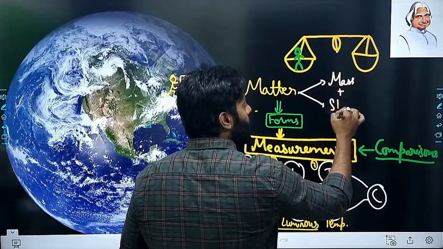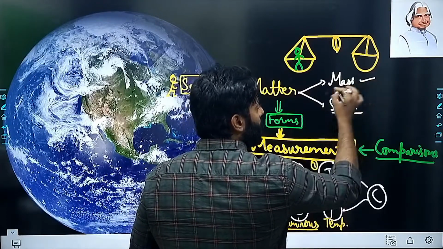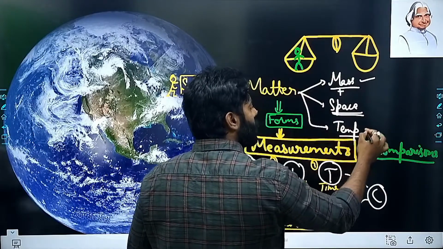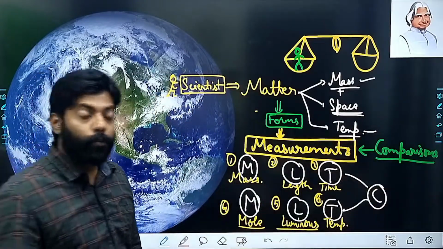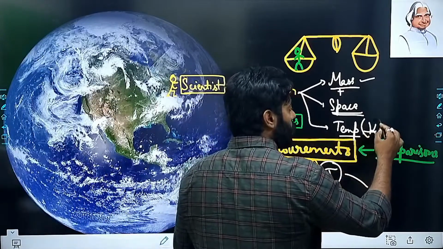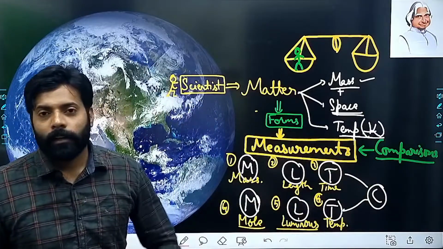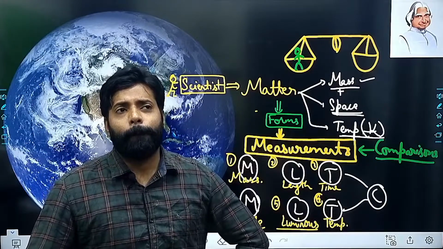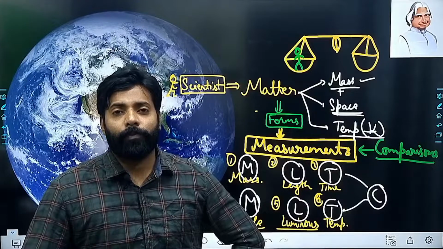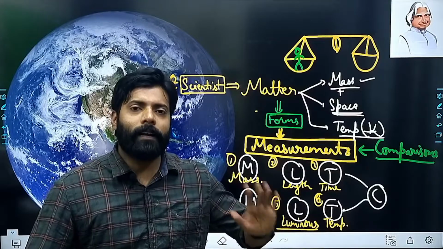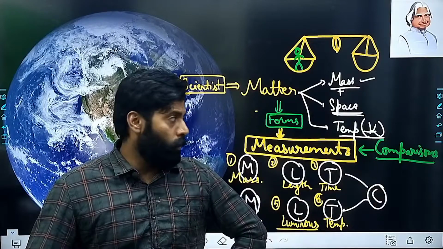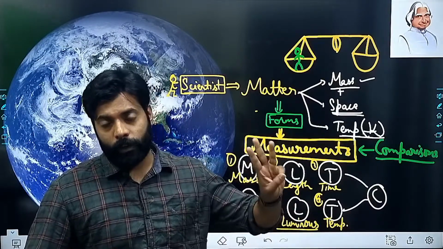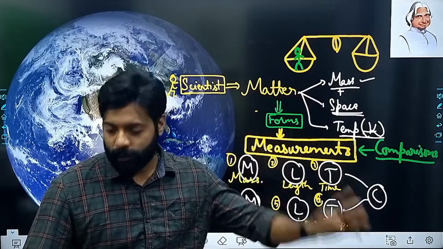Matter is having some properties, like matter must have mass and must have space. One more thing I want to add is that all matter has a temperature. If we are dealing with Kelvin, no matter has been identified where the temperature is 0 Kelvin. There is no matter present in this universe where the temperature is 0 Kelvin. So we can say that matter is having 3 quantities: mass, space, and temperature.